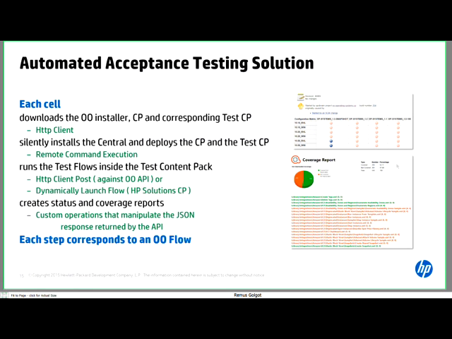Now, to bring all these things together, each of the 4 steps I presented here corresponds to an execution of an OO flow, which means that each cell will need to execute 4 OO flows. This can be done through the plugin if you add multiple build steps, because you can add as many build steps as you want.